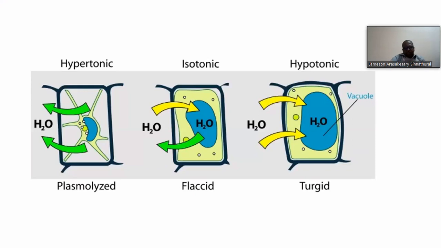And finally, we have seen six different terminologies: hypotonic, isotonic, hypertonic, plasmolysed, flaccid, turgid. All these are very important for your examination and for knowledge.